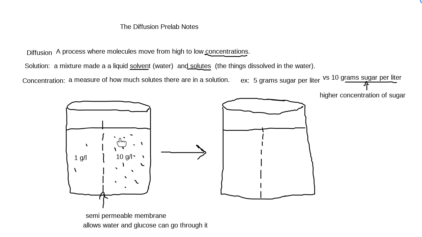The solute over here is glucose. Those little marks, that's all glucose. And it's very concentrated on this side. So what I'm asking is, over time, if I let this beaker sit, what's going to move and which way is it going to go? Water and glucose can go through this membrane. What do you think is going to happen over time to these concentrations?